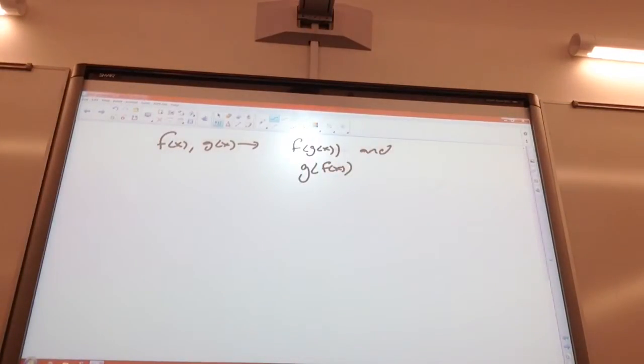It turns out that the limit of a composite function works out fairly simply as well.